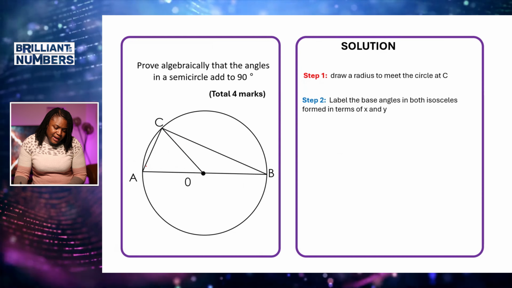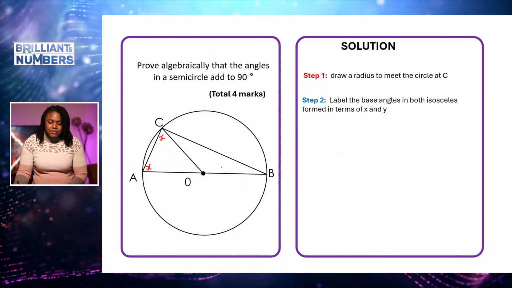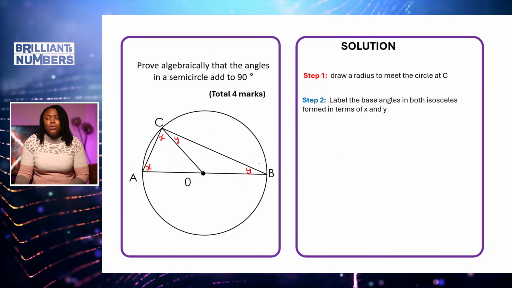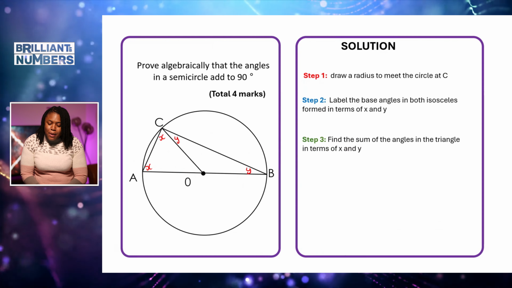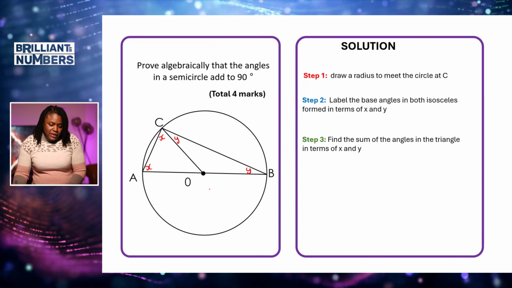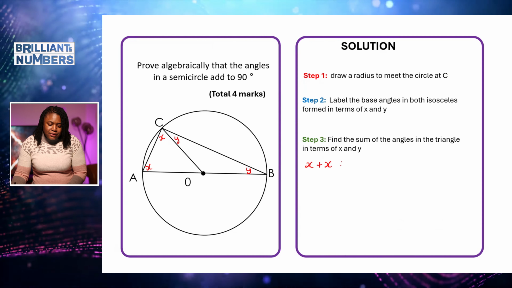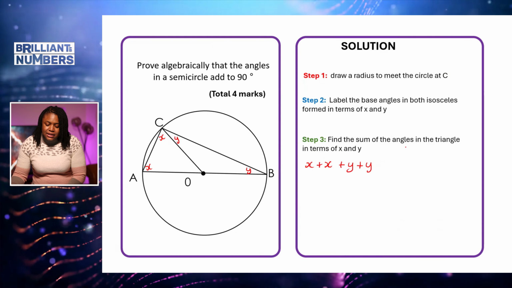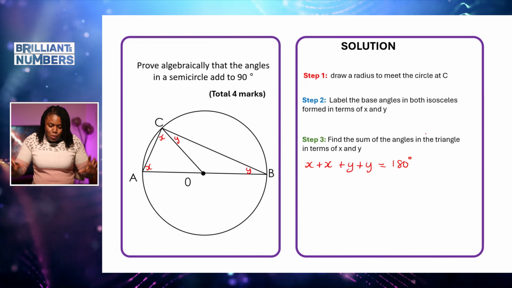So I'm going to call the angle at the base here X, which means that this angle will also be X. And then I'm going to call the one here Y, which means the other one will also be Y. So we've put that in. Now we need to find the sum of the angles in the triangle in terms of X and Y. So if you look here, we've got X add X, add Y, add Y, and that's equal to 180 degrees because the angles in a triangle add to 180.